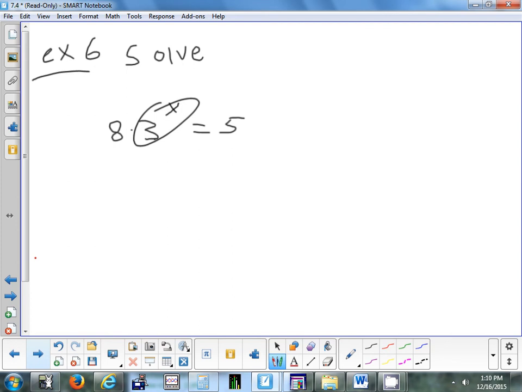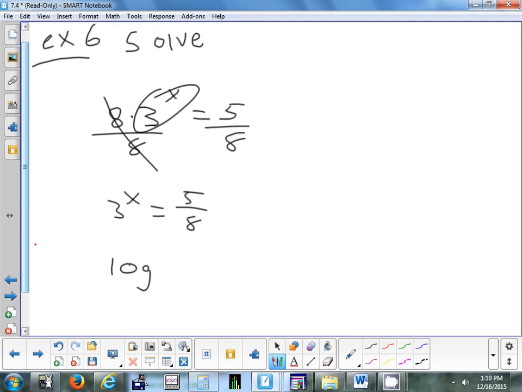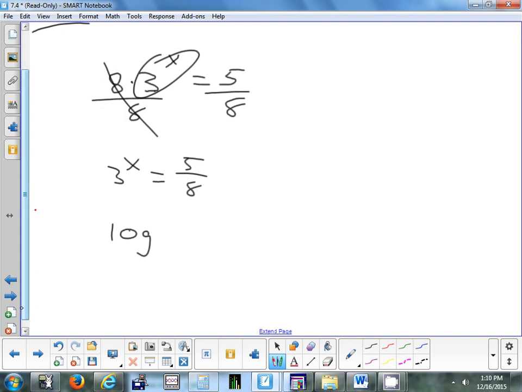Divide by 8. This is multiplication, so use division. And now rewriting it in log form, Amanda, what's my base? 3. Yeah, my base is 3. Logarithm always equals your exponent. And Brianna, my argument?